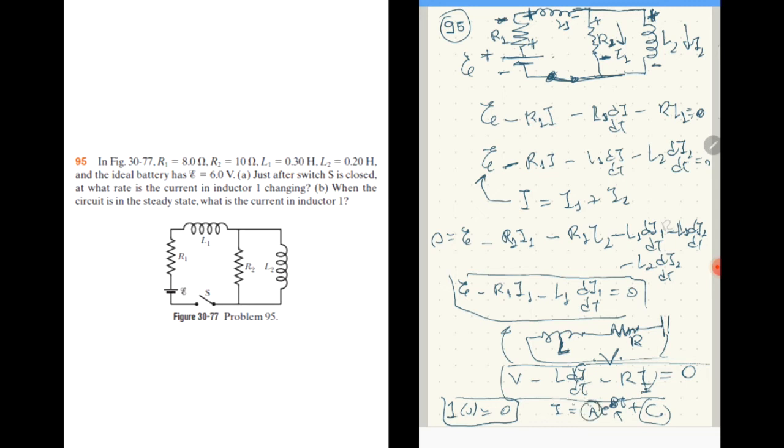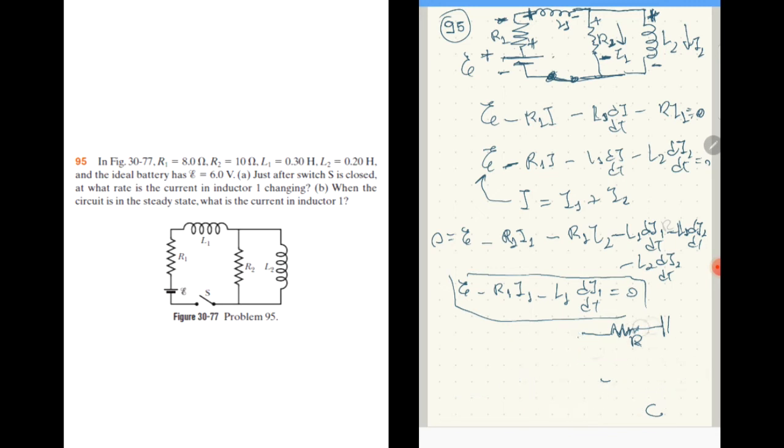And I think you guys know very well the solution of these equations, and I'll put it down here. So this is the current I1 equals the total voltage applied, the DC voltage, in this case minus this thing.